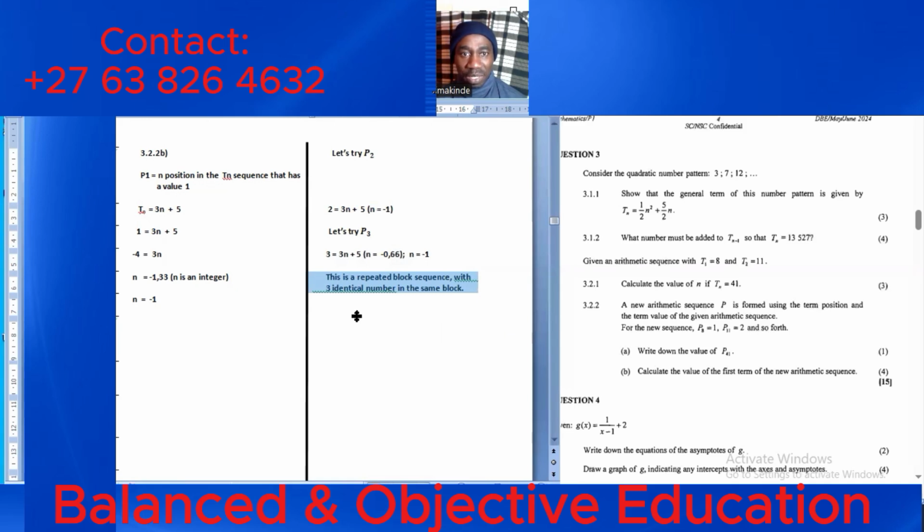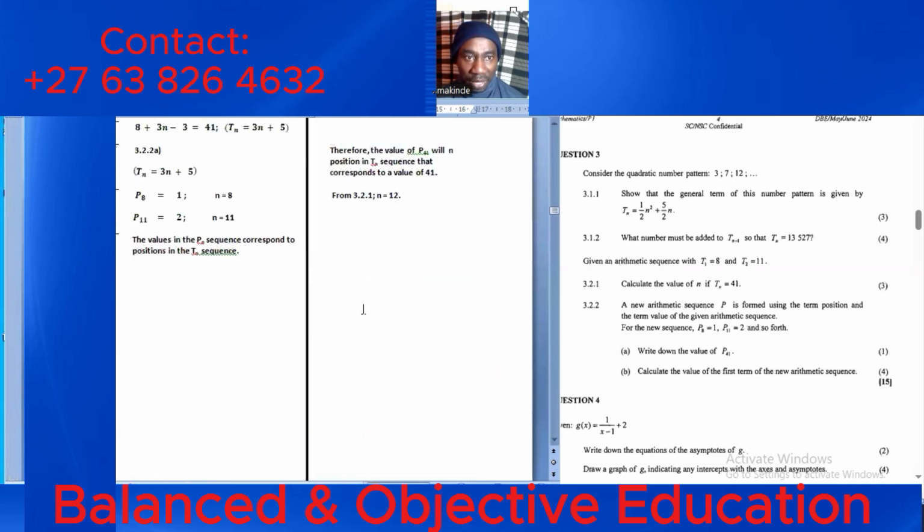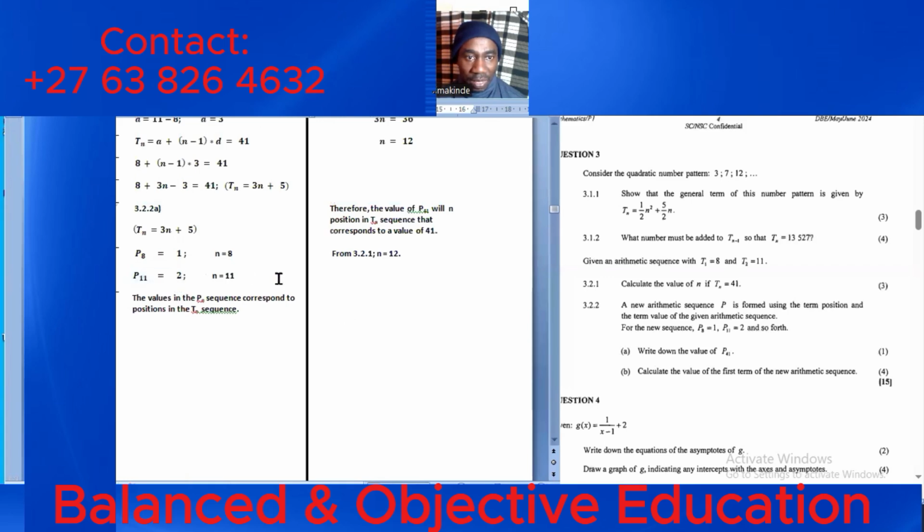The reason I said that is that if you come back to this solution, you will see that we have P1 here and P2 here. So if we subtract this, 2 minus 1 is 1, right? And 11 minus 8 is 3. So it means that for every 3 consecutive terms, the p-value would increase by 1.